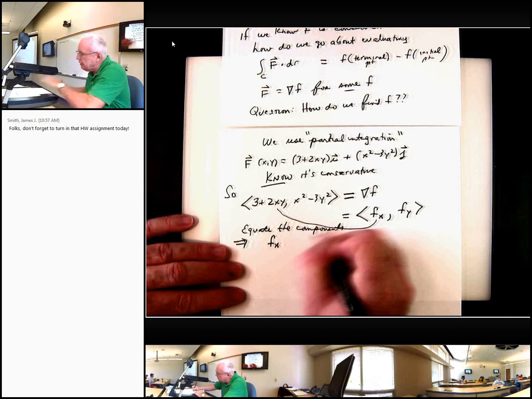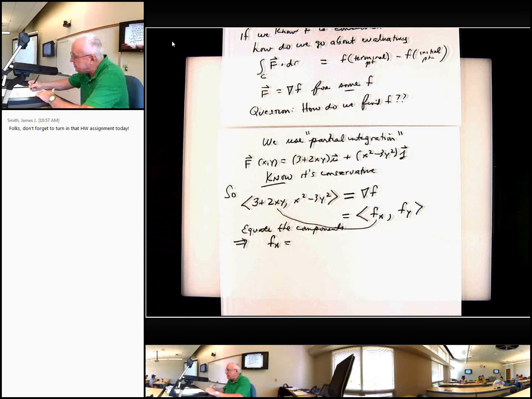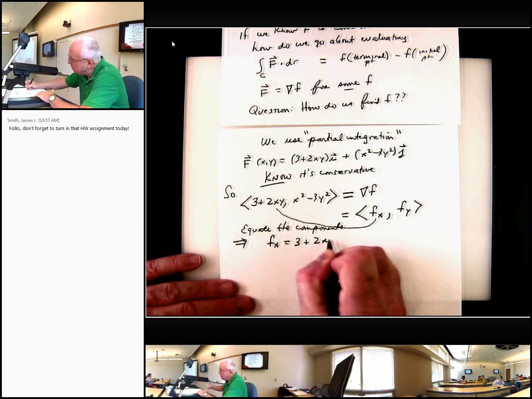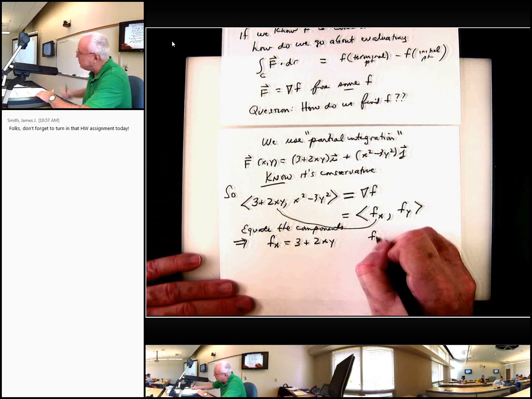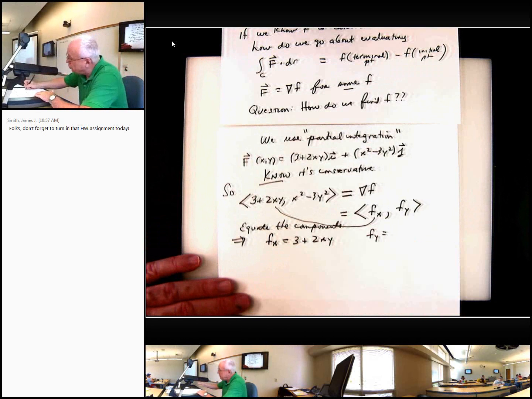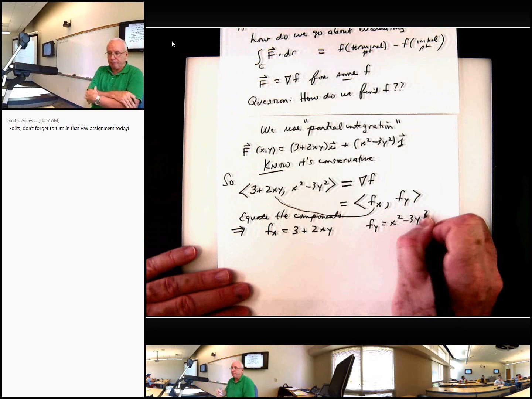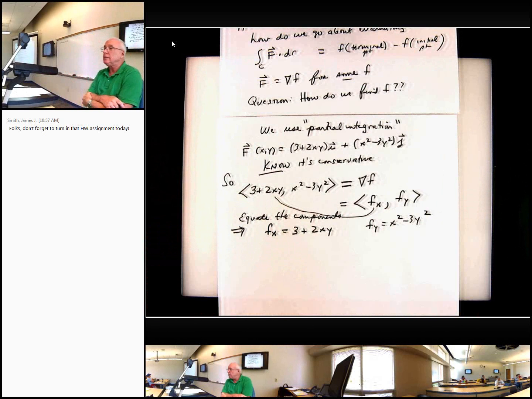So I have little f with respect to x is equal to 3 plus 2xy. And then little f with respect to y is equal to x squared minus 3y squared. And we want to find f.